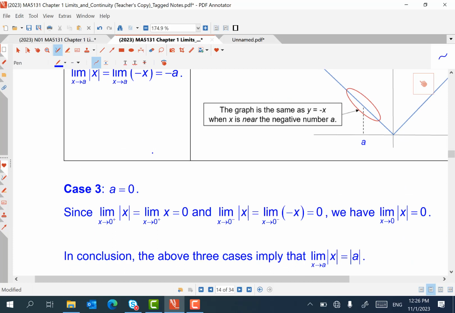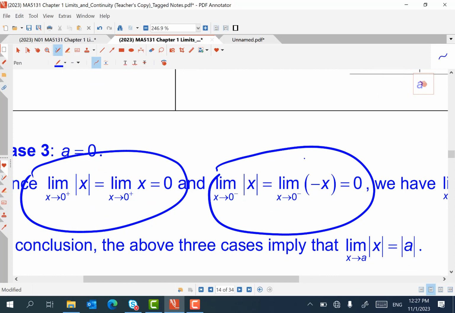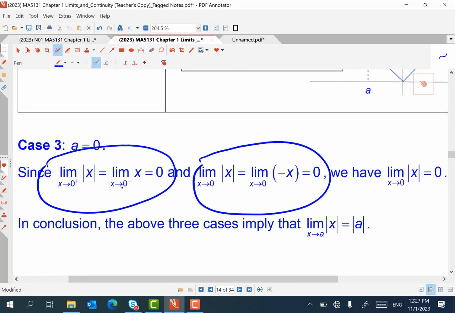You have to find the limit on the right and the limit on the left separately. Because the function is defined differently at x equals 0, you define the left and the right limit separately and show that they're the same.